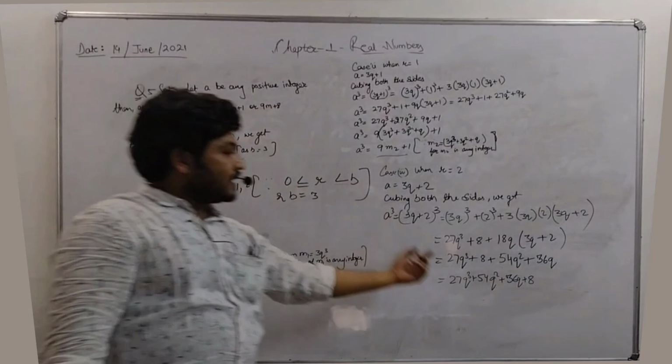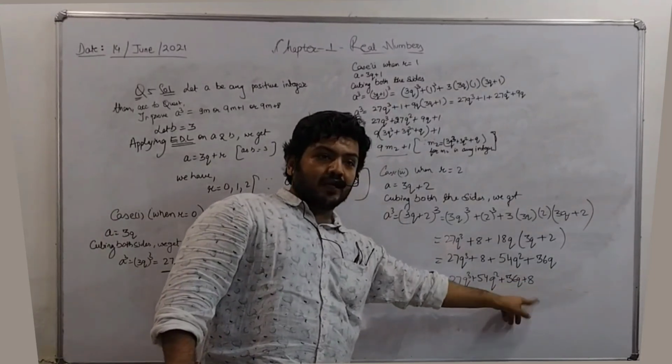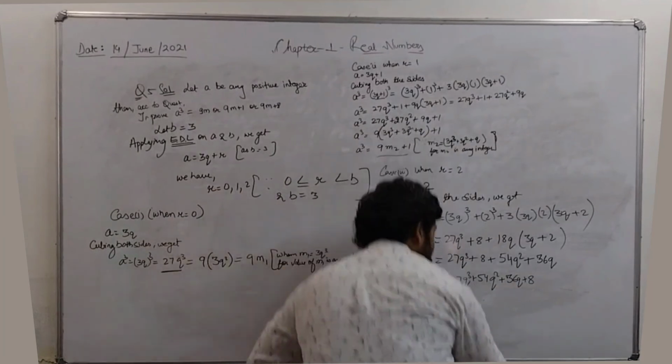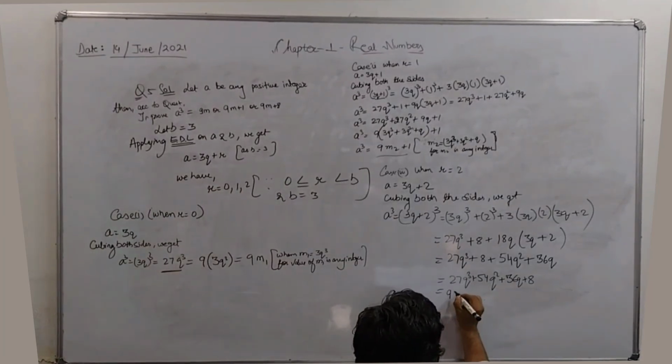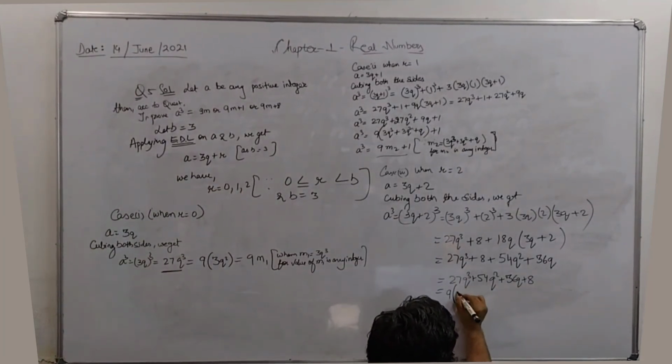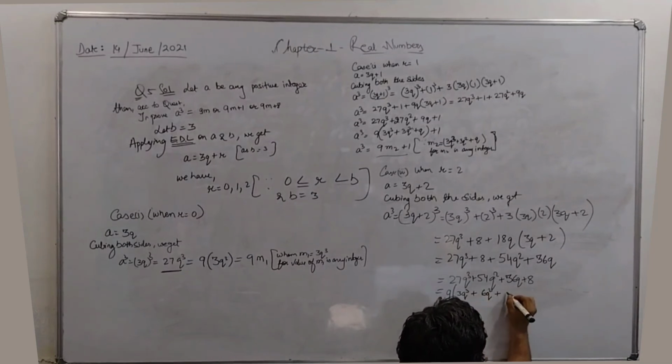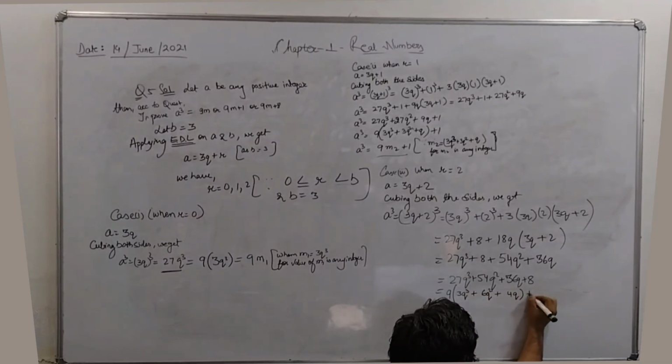For 9m plus 8, we have 8 visible here. So what we can do, we can again take out 9 as common. Taking 9 as common, what we get is 3q cube plus 6q square plus 4q plus 8.